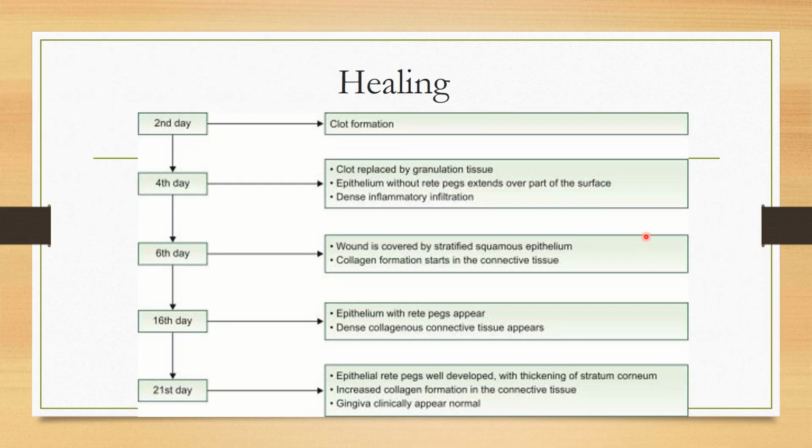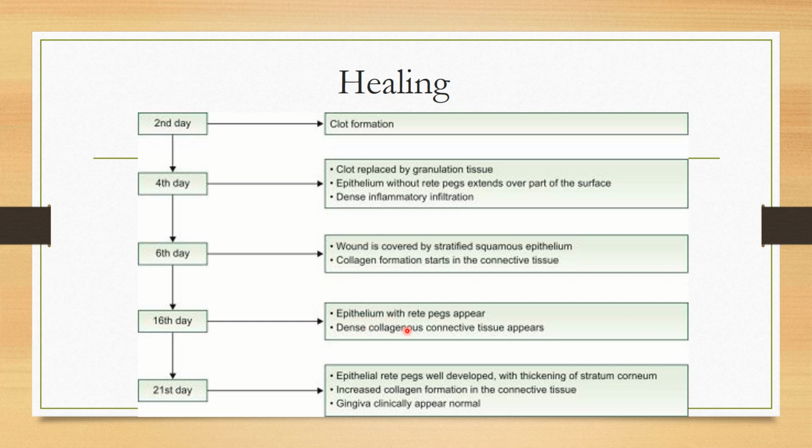Coming to the healing part after gingivectomy, obviously by the second day, clot formation will be there, and by the fourth day, the clot will be replaced by granulation tissue and epithelial formation but without rete pegs. Then there will be dense inflammatory infiltration, and by the sixth day, this wound will be covered by stratified squamous epithelium, and collagen formation will get started in the connective tissue. By the 16th day there will be complete epithelial formation with rete pegs.